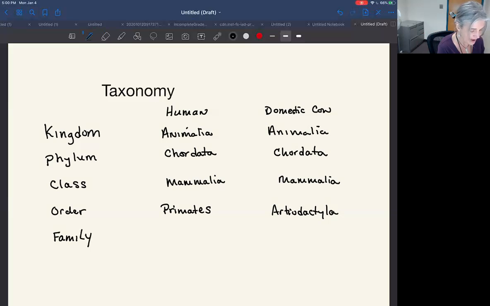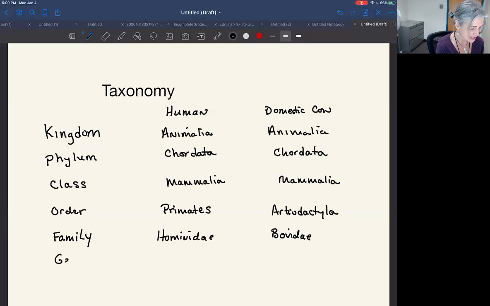That's an L. Family. So we are hominids. So we are in the Hominidae family. You might have heard that word if you take anthropology, where you study humans, the evolution of humans. Okay, cows are Bovidae. Okay, hoofed animals, bovids.